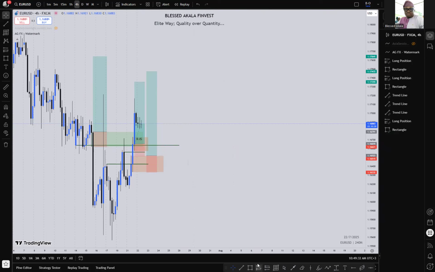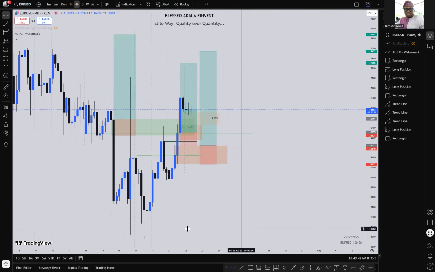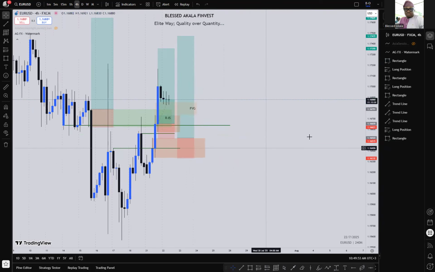Because we can see from what we are seeing here, the fair value gap might, because market can just keep on surprising us these days, it might just send price into the highs. But nonetheless, this is what we'll be anticipating in the market.